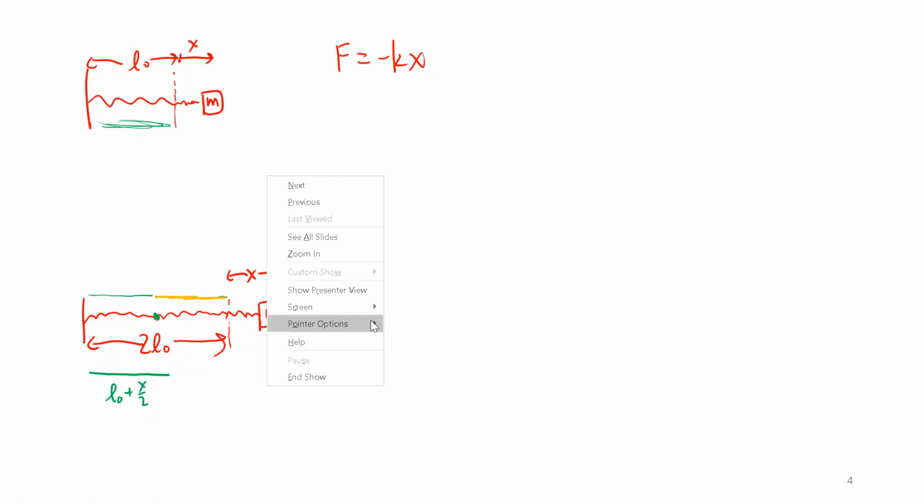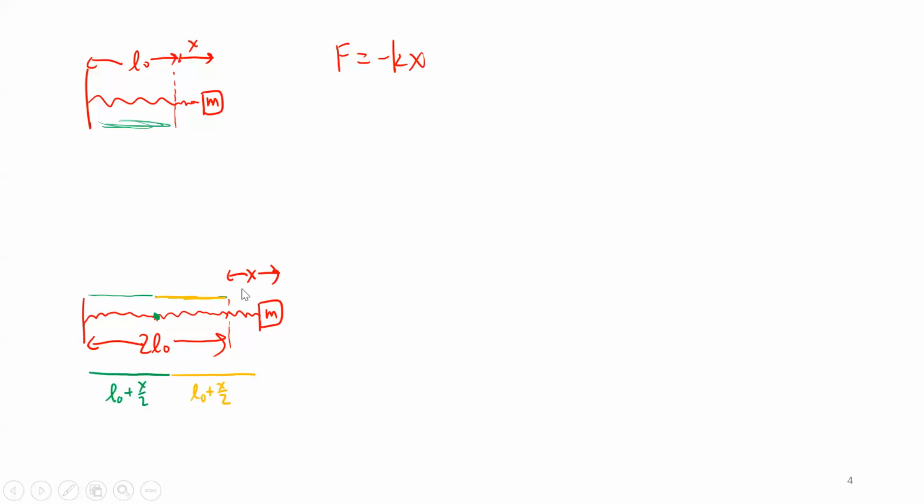And the spring on the right is also stretched such that the length is L0 plus X divided by 2. So the total stretching is X. That means each spring only takes half of the stretching.